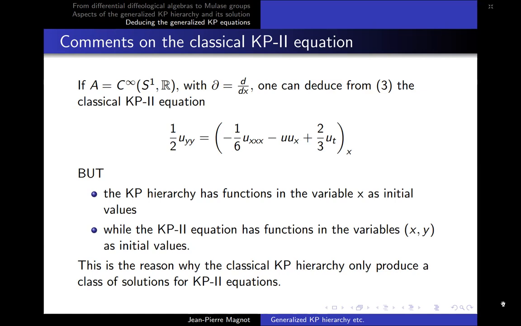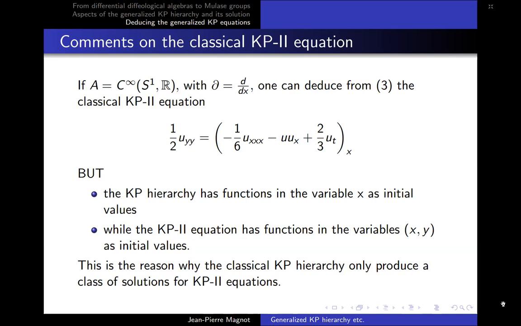So when you look at this equation, it is an evolution equation in T, and the initial conditions depend on the variables X and Y, while the KP hierarchy is defined on functions in the variable X, which means that when you consider the variable Y, you define u of y from u of x.